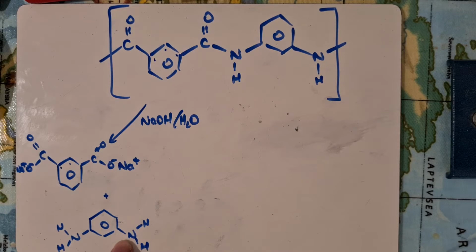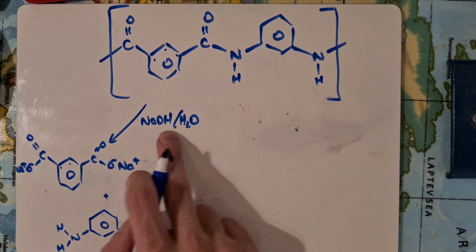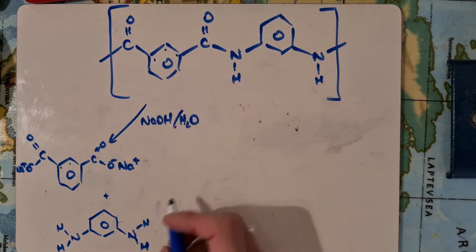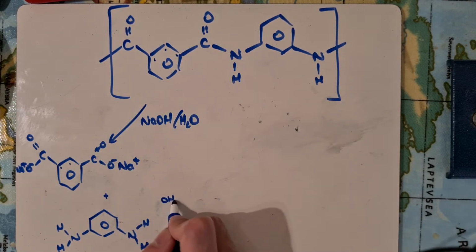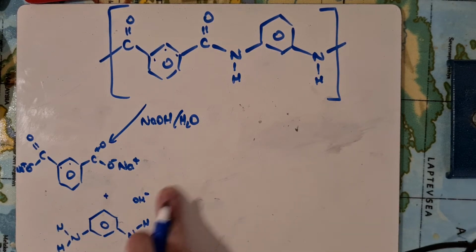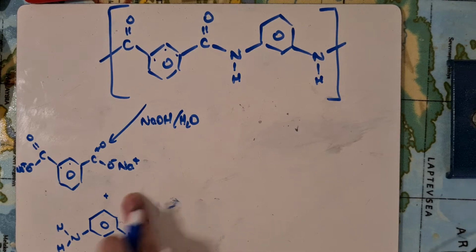There is a chance they can accept protons, but there aren't going to be too many protons floating around in an alkali solution, a base solution, because the OH minuses that are floating around when you have high pH will take all the H's before NH2 is going to be able to get them.